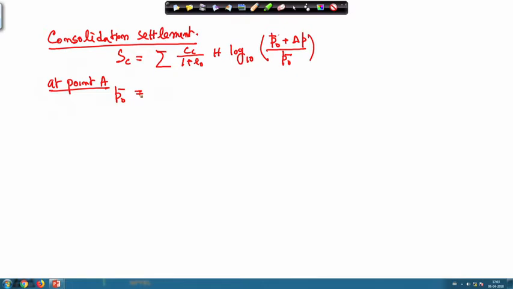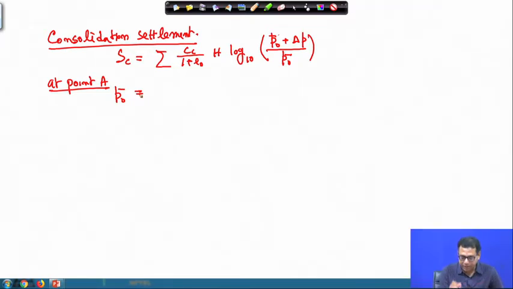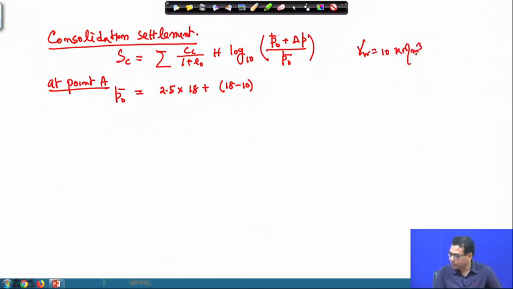Here only one is given, so I will use the same unit weight in both cases. So, the P0 bar effective overburden pressure at point A: above the water table it is 2.5 into 18, but below the water table it is submerged, so 18 minus 10, as we are taking gamma W as 10 kilonewton per meter cube, and that is 2.25 from the base of the foundation. So, this will be 63 kilonewton per meter square.